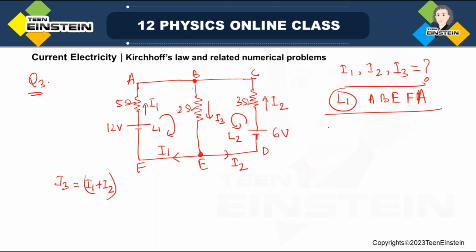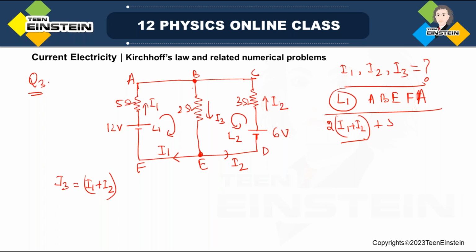Okay, so if I apply KVL in this loop, the summation of the voltage drop across the resistors: this is 2 into I3. I3 is I1 plus I2, I'll directly write. I'm going from A to B, B to E, that's why I have taken positive here. 2 into I3, and then 5 into I1.